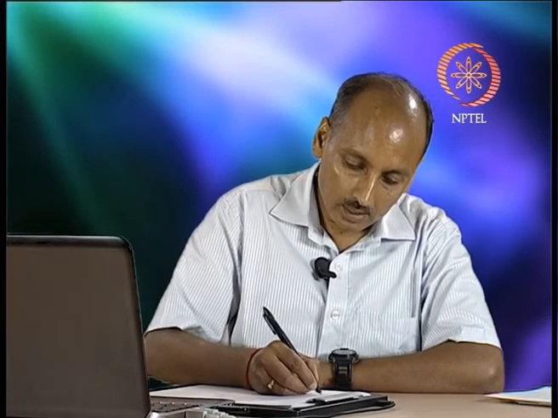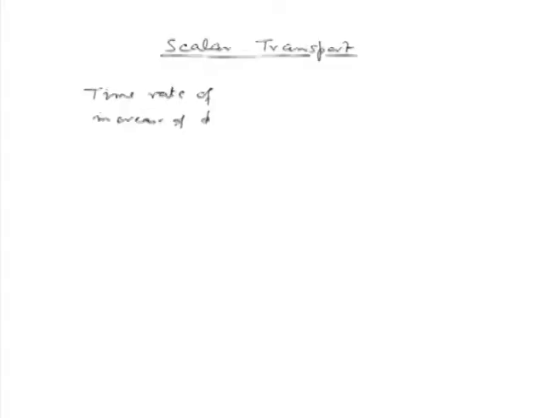So, on the left hand side we have the term that is scalar transport, time rate of increase of phi inside the CV.